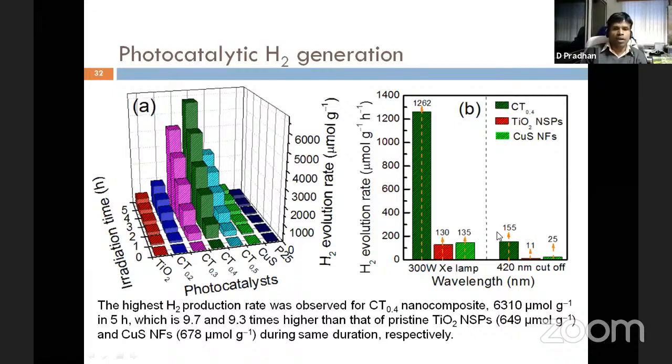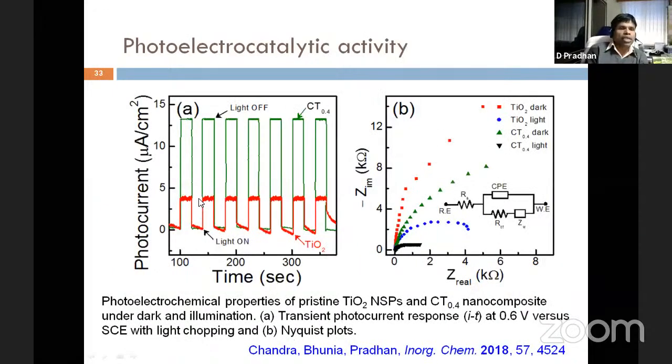Certainly the hydrogen evolution rate decreases because we remove the UV part of the sunlight, which was utilized for producing electron holes with TiO2. The second confirmation was done with the best performing CT0.4 composite with TiO2.